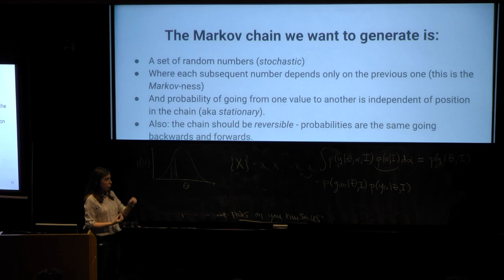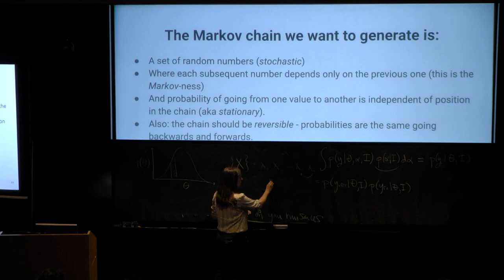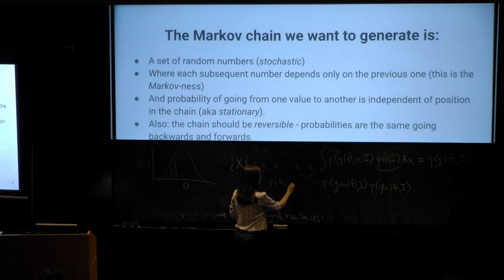It only cares where you are sitting now, what's your current value of x, and what does that mean in terms of the next value of x that you're going to draw. So one thing that we need to know here is the probability of going from x of n to x of n plus 1.